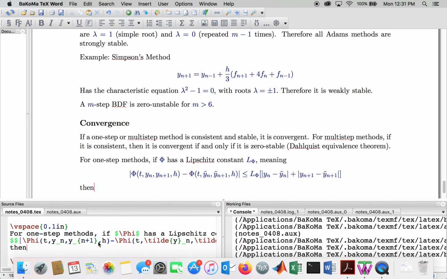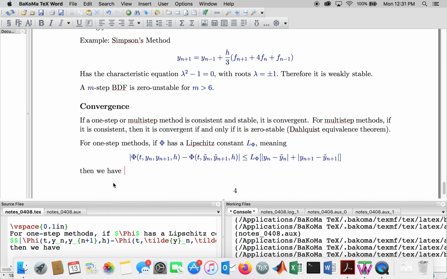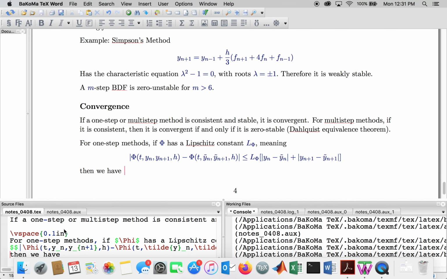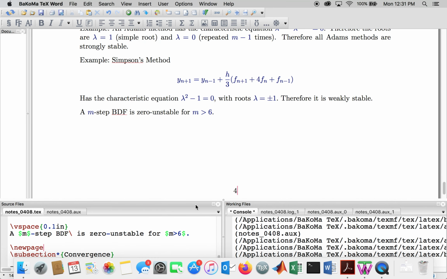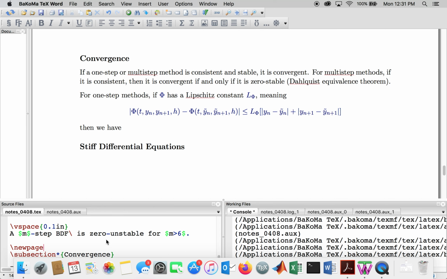All right, so what we can say in that case, using basically similar manipulations to what I did before, which were actually worked out in a book. Actually, I'm going to put this onto a new page here.